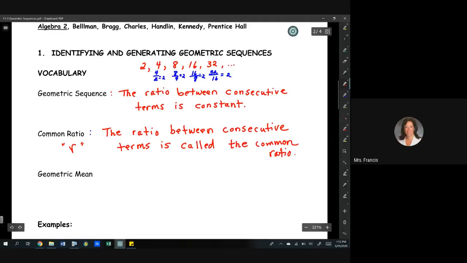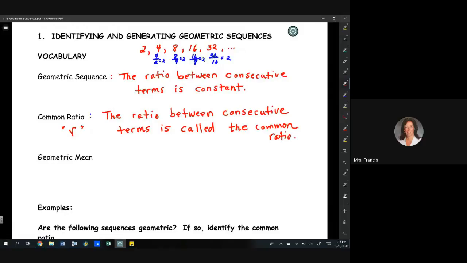The geometric mean: in other words, if we had our sequence example above, but I didn't know that middle term there, I would take the square root of the product of those two numbers. So let's write that down first.